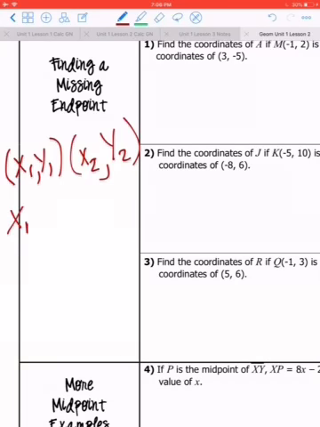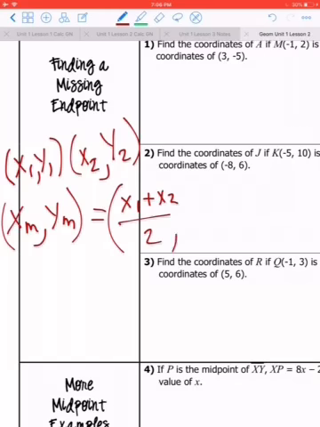So let's call it x midpoint, comma y midpoint, to be very clear, are at x1 plus x2 over 2, comma, y1 plus y2 over 2. Okay? So, for these problems, you're going to be given a midpoint, an x or a y, and you're going to be finding the x1 or the y1. Okay, so it's a little bit different than what we were doing on the other page.